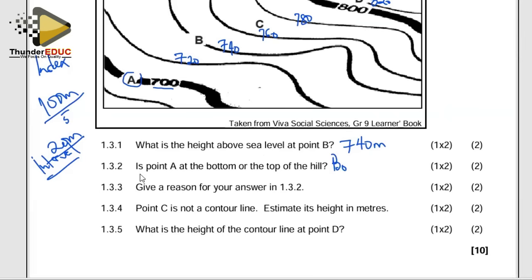So it's bottom of the hill. Right? Give a reason. We've already given the reason. A is at 700, compared to higher values.